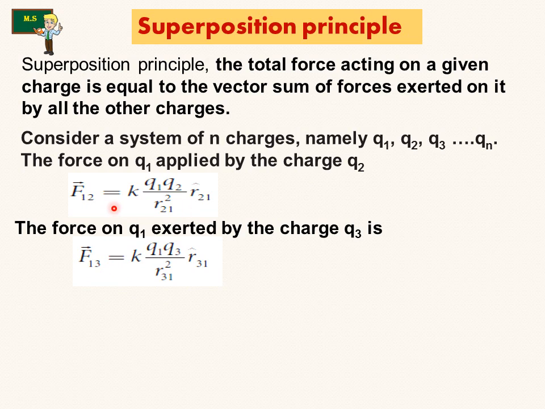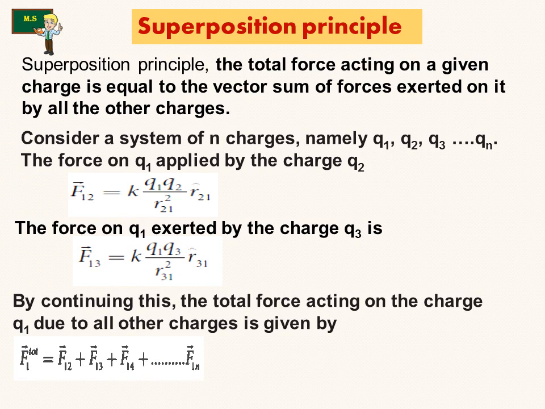F12 is equal to K into Q1 Q2 divided by R21 square into R21 cap. Then the force on Q1 exerted by the charge Q3. Now we are taking Q1 and Q3, and F13 is equal to K into Q1 Q3 divided by R31 square into R31 cap.